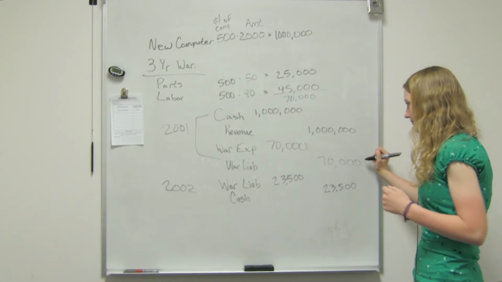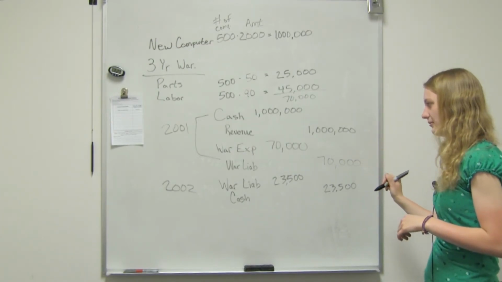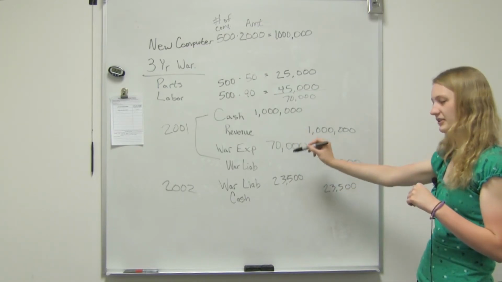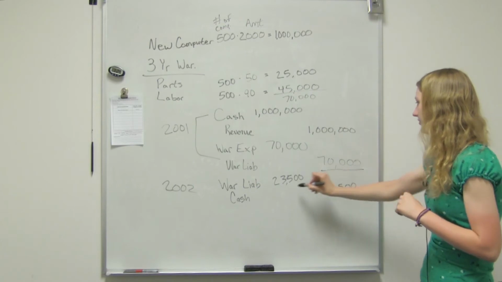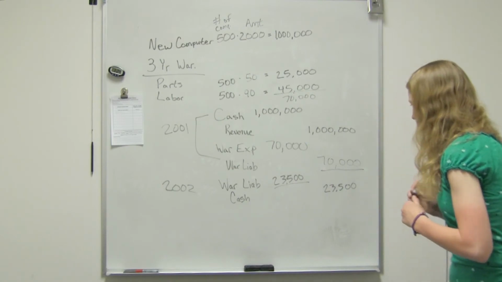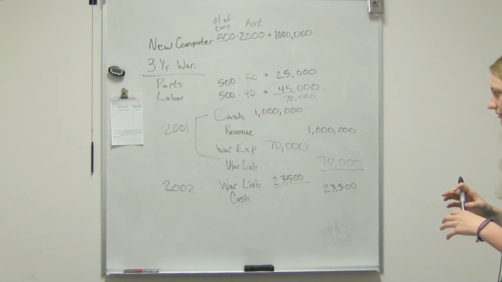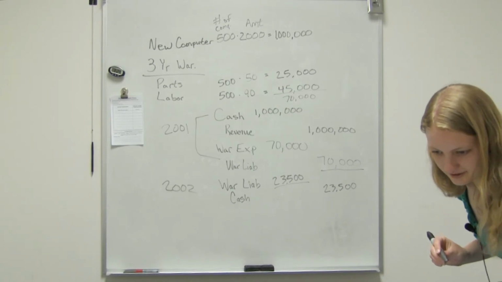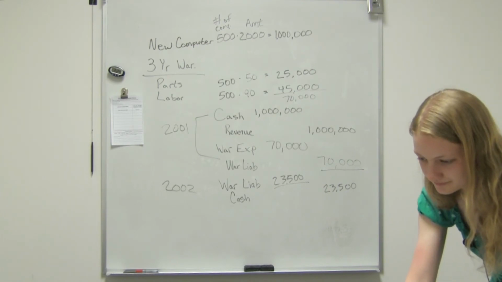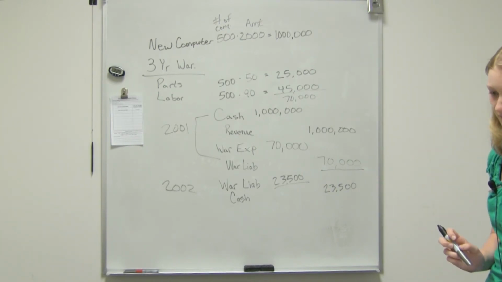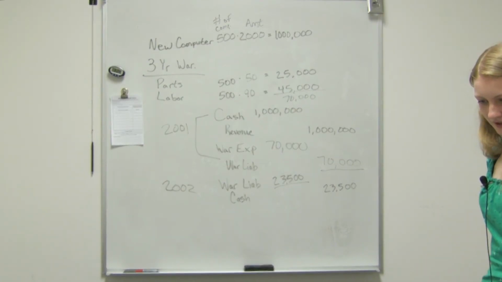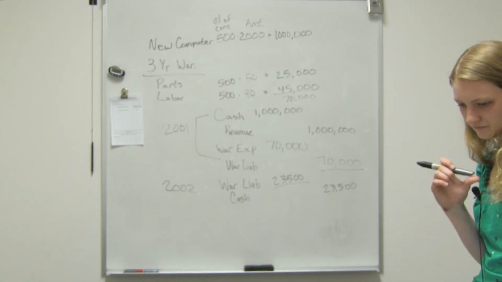So our total warranty liability is going to be the balance of all of our liability transactions. So we've got this 70,000 credit and this 23,500 debit, and the net of those two is going to be the total liability under the expense method for 2002. So 46,500? Mm-hmm. And that's what's on there?